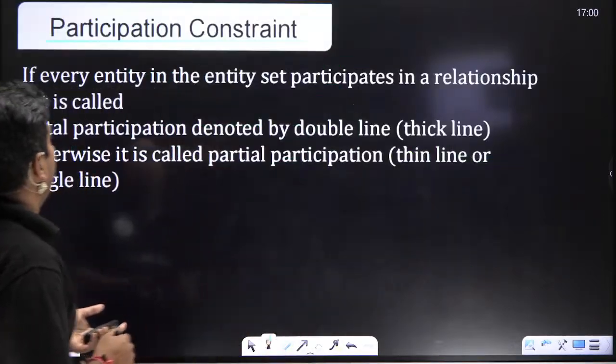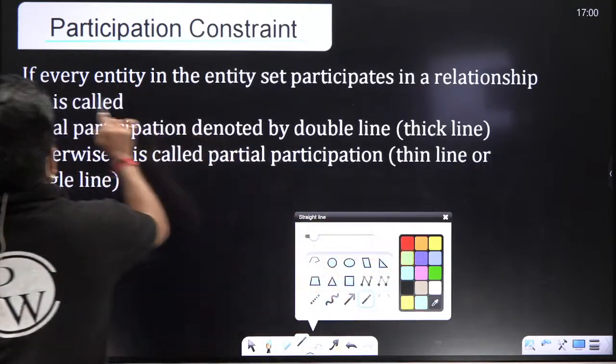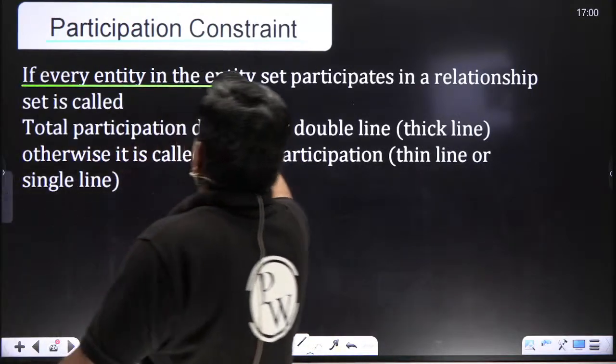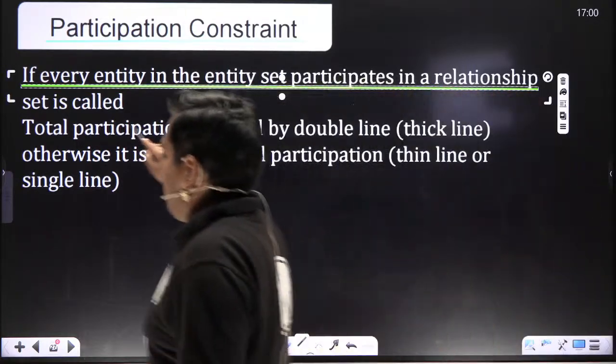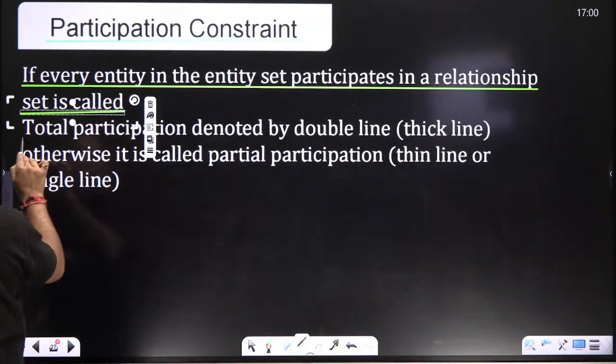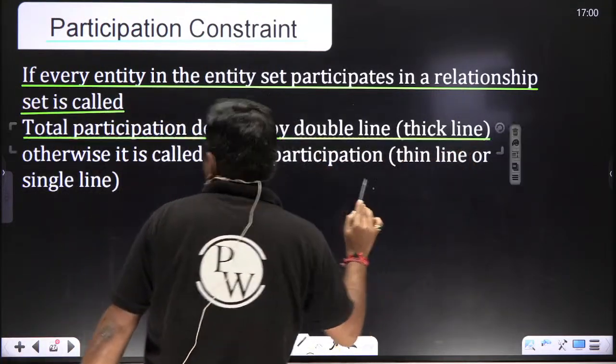Now listen carefully. If every entity in the entity set participates in the relationship set, it is called total participation and denoted by a double line.